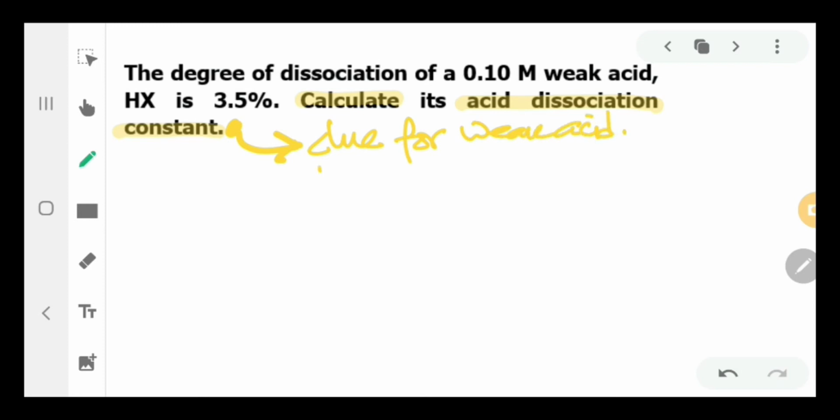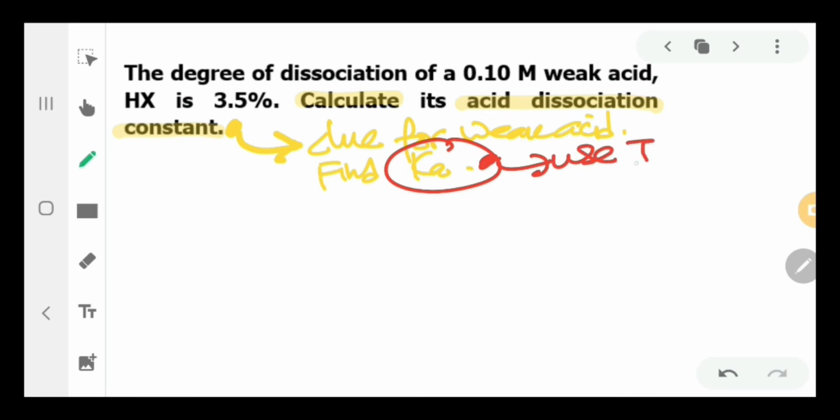Why? Because we need to find Ka, and to find Ka, we have to use the ICE table. Okay, that's very important. To find your Ka, you need to use your ICE table.